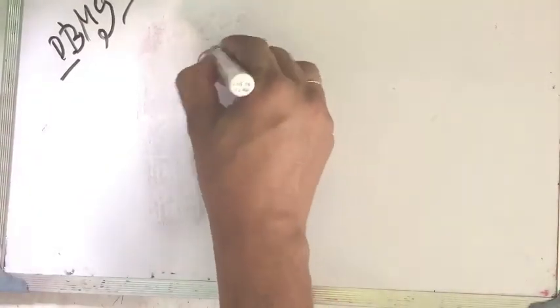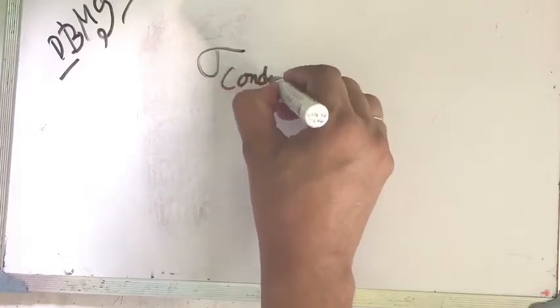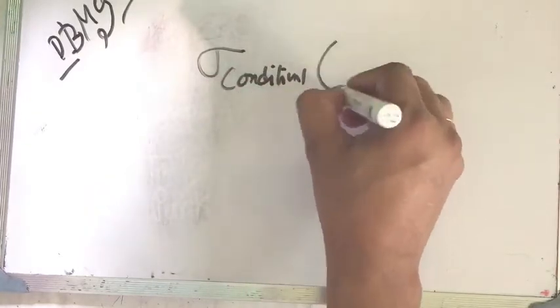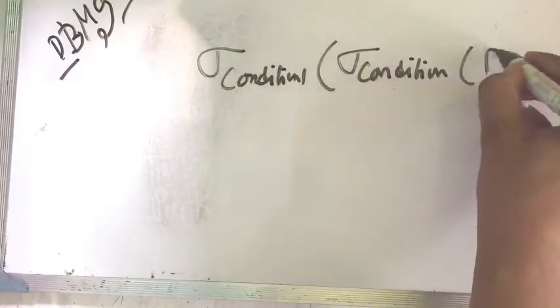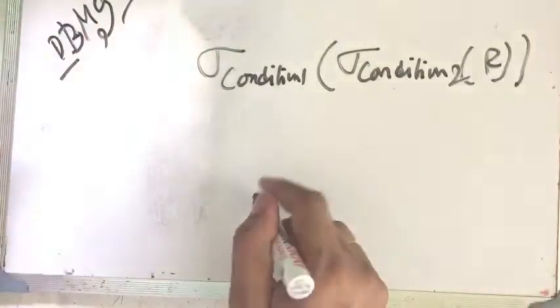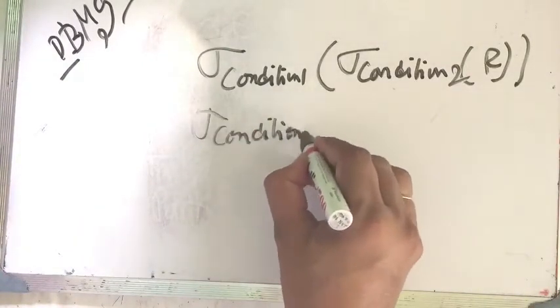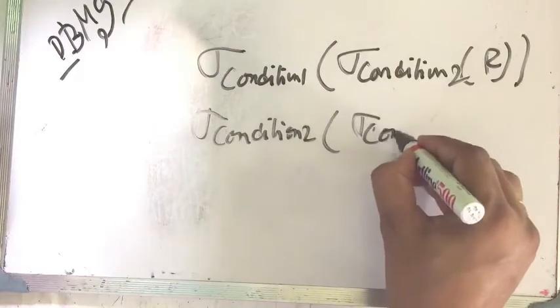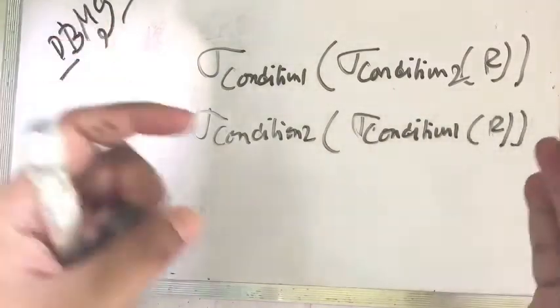Sigma, this select operator, that is sigma. When we use many conditions, it supports the commutative property. Suppose there is sigma condition 1, another sigma condition 2, and then there is a relation R. Commutative means we can use condition 2 then condition 1; it works from the innermost part first.